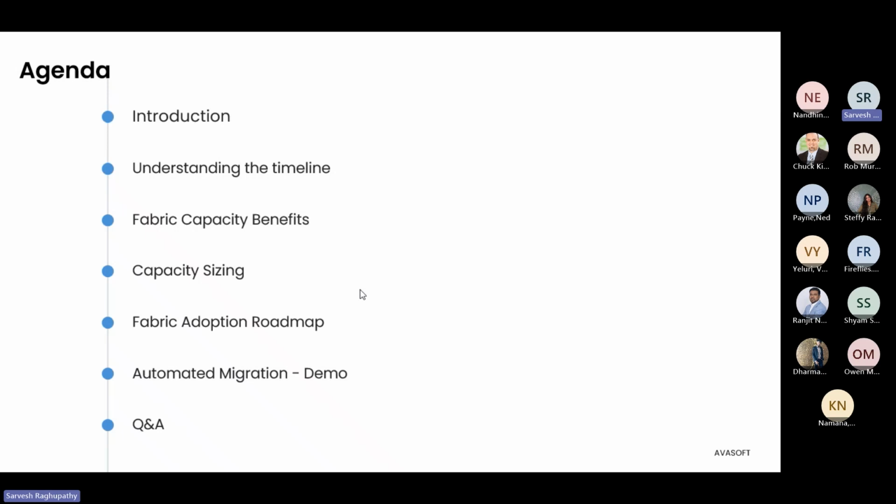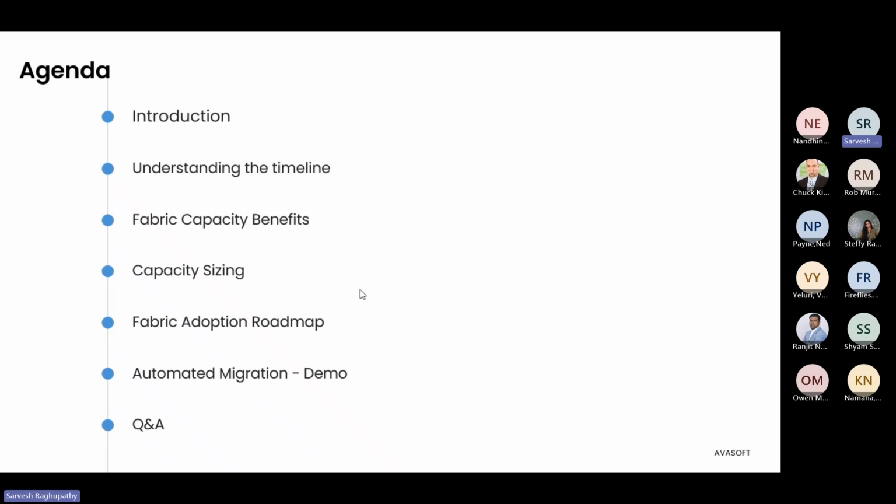environment. The second piece is understanding the timeline of when Microsoft came up with those communications and best practice standards on transitioning your licensing models, and understanding the benefits of transitioning from your existing Power BI licensing model to your Fabric licensing model, choosing and right-sizing your capacity for your organization, and an adoption roadmap of what it would take if you were to implement Fabric as a greenfield implementation, or if you have existing Power BI workloads, what it takes from a roadmap perspective to migrate them from Power BI to Fabric.